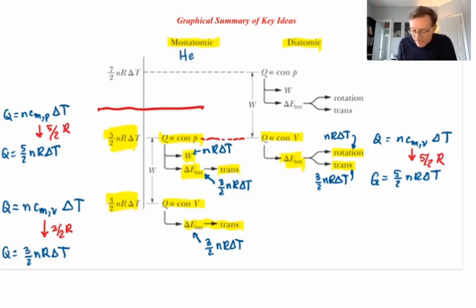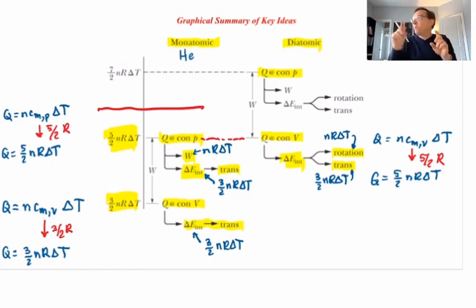And then lastly, let's add energy as heat to the diatomic gas at constant pressure. And let's figure out that Q formula. Q equals n CmP delta T. But now use the CmP formula: F over 2 plus 1, all times R, where F is 5 again, right? 3 degrees of freedom from translation and 2 from rotation. 3 plus 2 is 5.